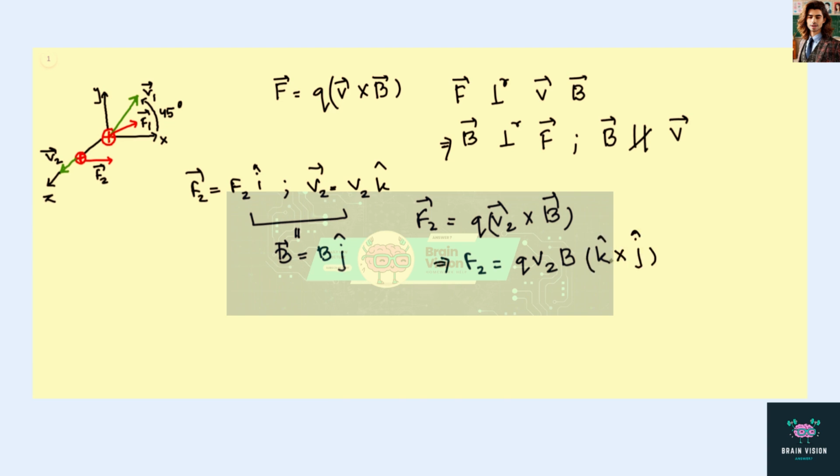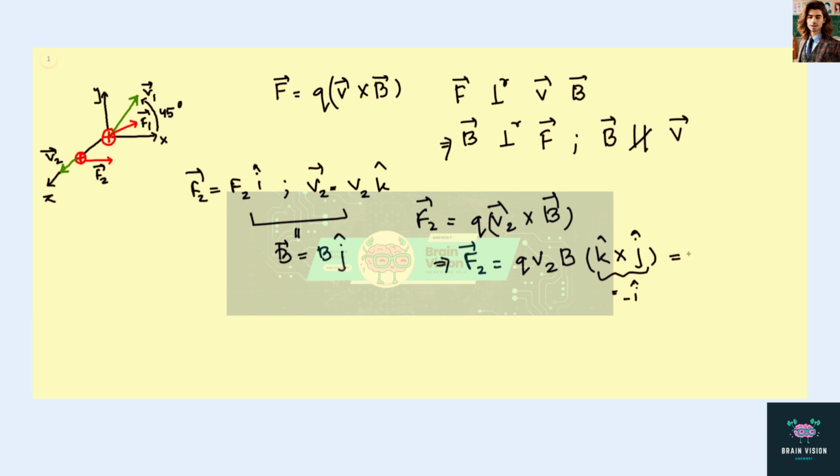The k cap comes from velocity and the j cap comes from the magnetic field vector. This is equal to i cap, same as we found here, but there is a negative sign to it. So this is going to be negative now.